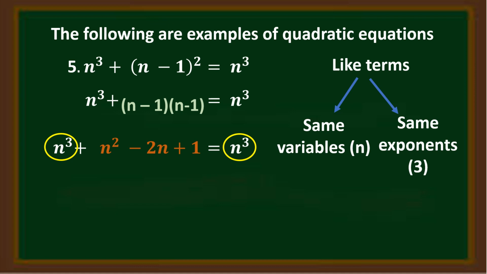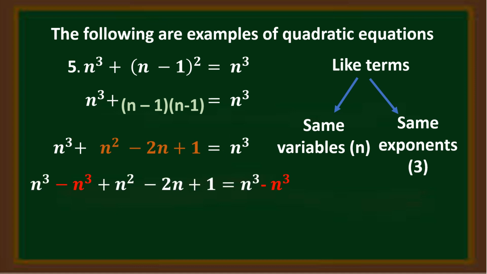So, to simplify this equation, we'll be subtracting n cubed from both sides, giving us n cubed minus itself plus n squared minus 2n plus 1 equals n cubed minus n cubed. n cubed minus itself is equal to 0. So, we'll just be copying n squared minus 2n plus 1.